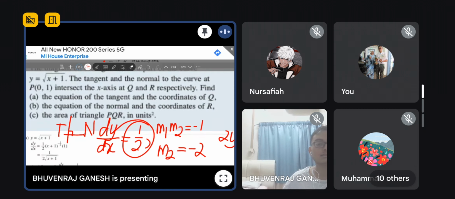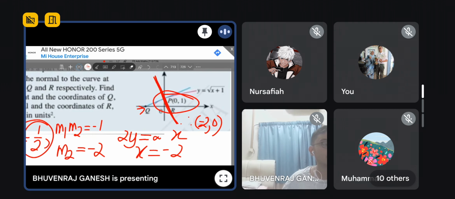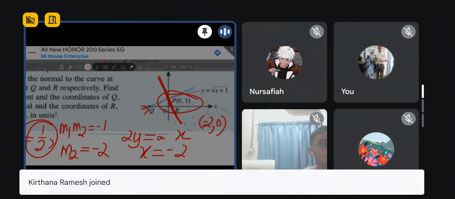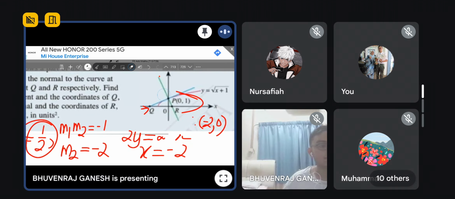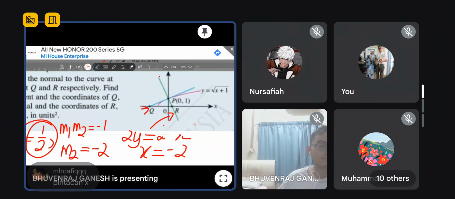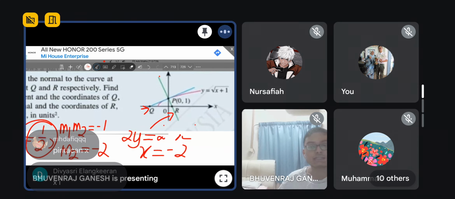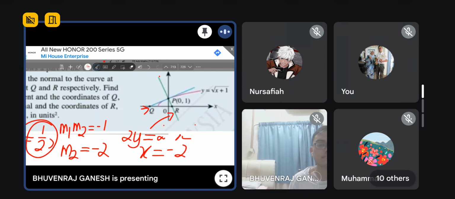Okay, so the second part, they ask you to find coordinate R. Cari coordinate R. So guys, what is your R here? What do we call coordinate R? Apa nama untuk coordinate ni? Very good. Pintasan X, x-intercept, correct? So means that, what is the assumption?